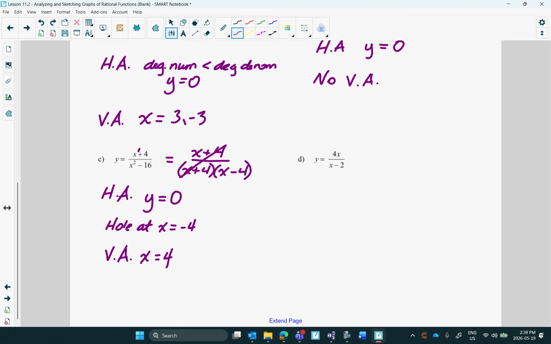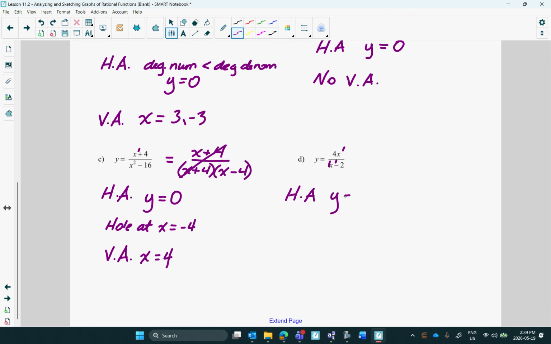I can't do any factoring. Let's get the horizontal. Well, what's the degree of the numerator? 1. And 1 in the denominator. So if they're the same, that means I have to divide the numbers in front of those variables, those exponents. So 4 divided by 1. I'm not going to put the equal, I'm going to put it like this.